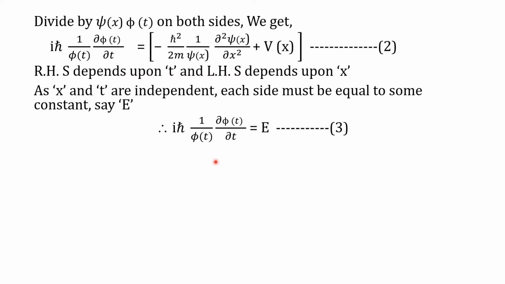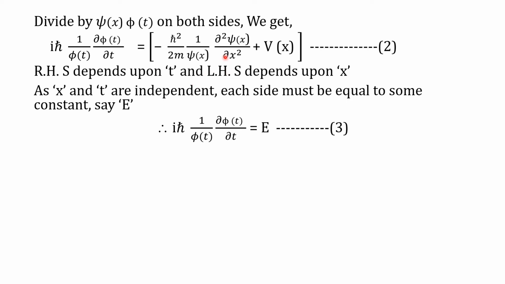Equation 3 is the time dependent term, and using that equation we prove that the total probability, or the probability density, is independent of time and is constant. That problem we solve at the end of this topic.